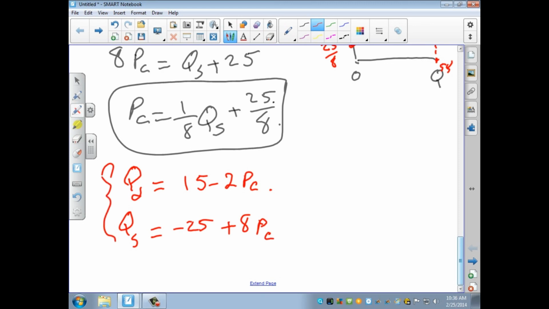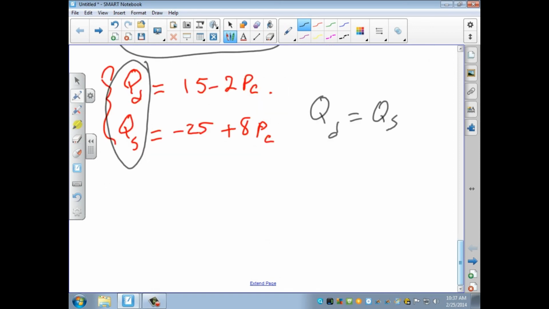Right? At equilibrium, QD should be equal to QS. So the left-hand sides are equal to each other. If the left-hand sides are equal, that means the right-hand sides are also equal. So 15 minus 2 PC should be equal to minus 25 plus 8 PC.